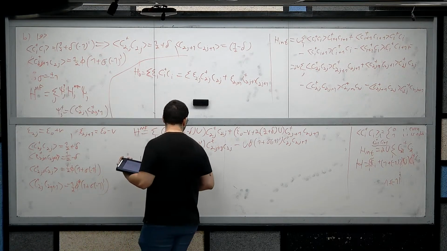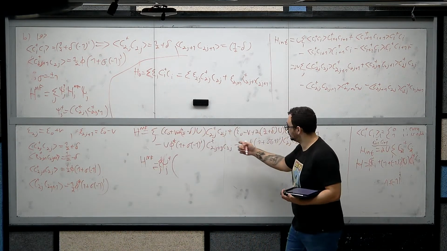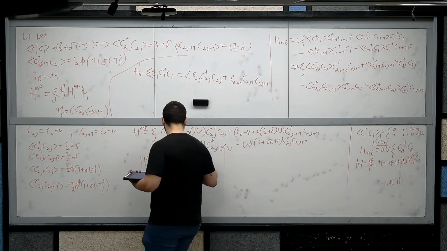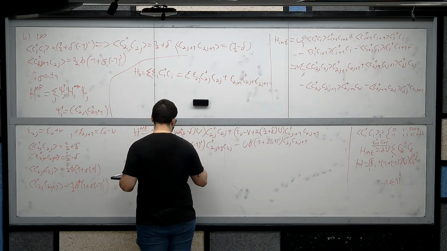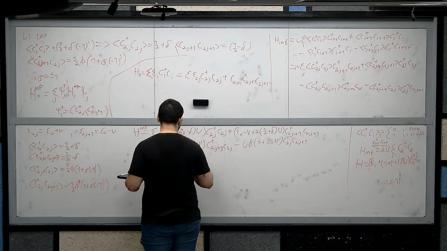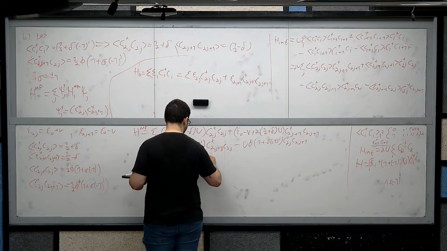So even: epsilon 0 plus v plus 2 times 1/2 minus delta u.